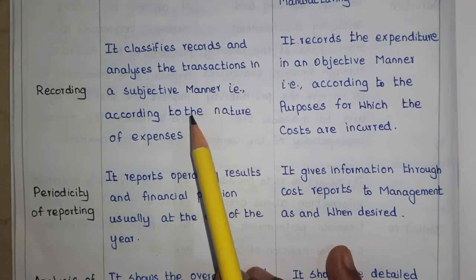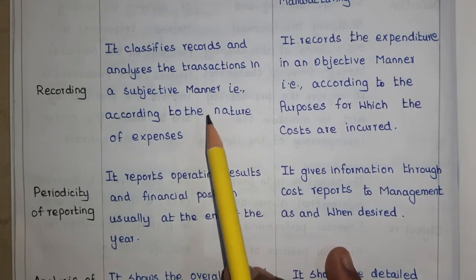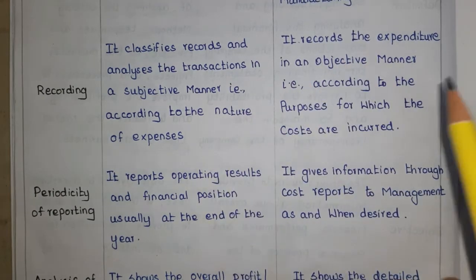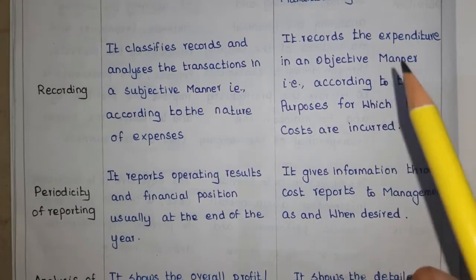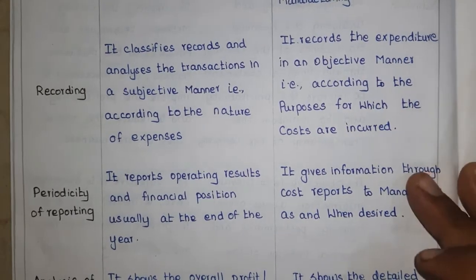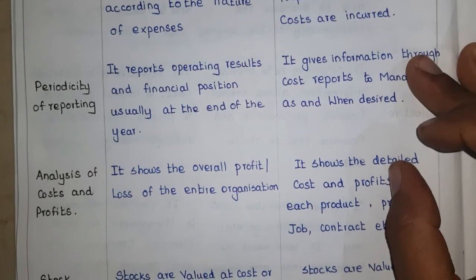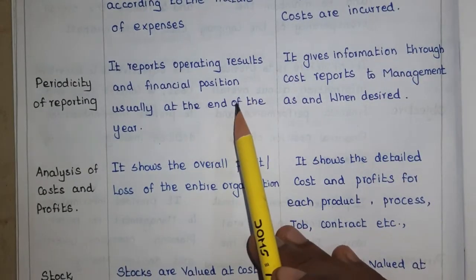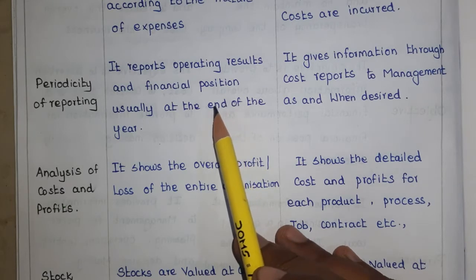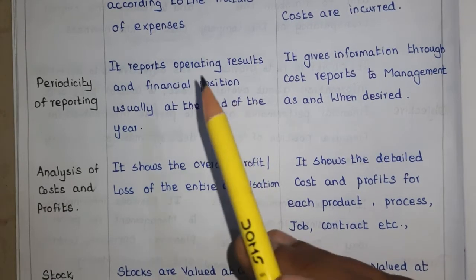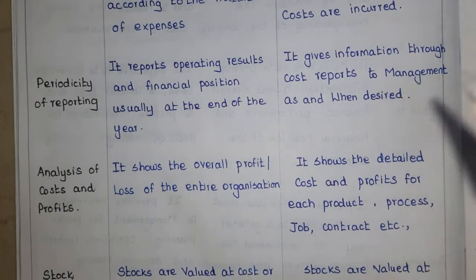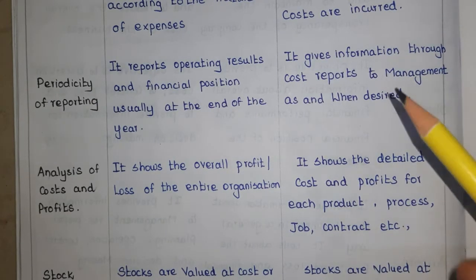Usually financial accounting records and analyzes the transactions in a subjective manner, but cost accounting records the expenditure in an objective manner. The next point is periodicity of reporting. Financial accounting usually results in reports of the financial position at the end of the year, while cost accounting reports to the management as and when they desire.